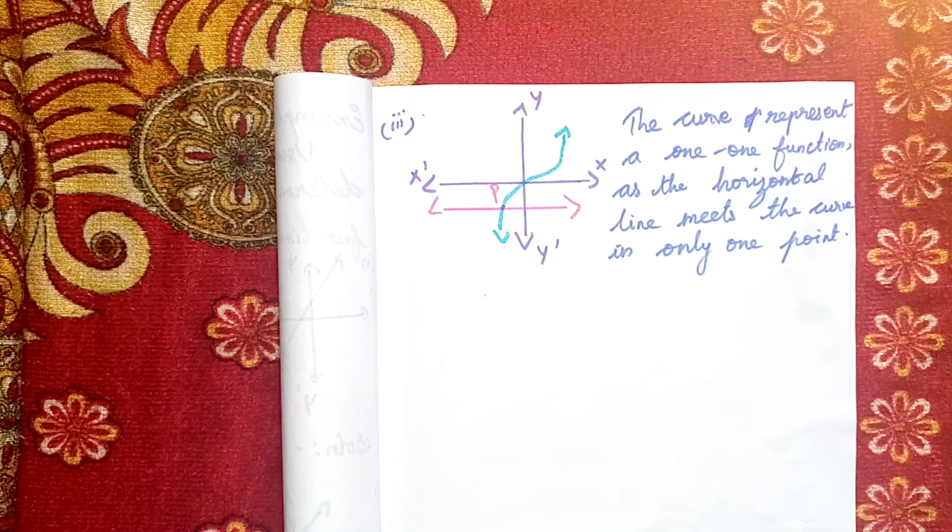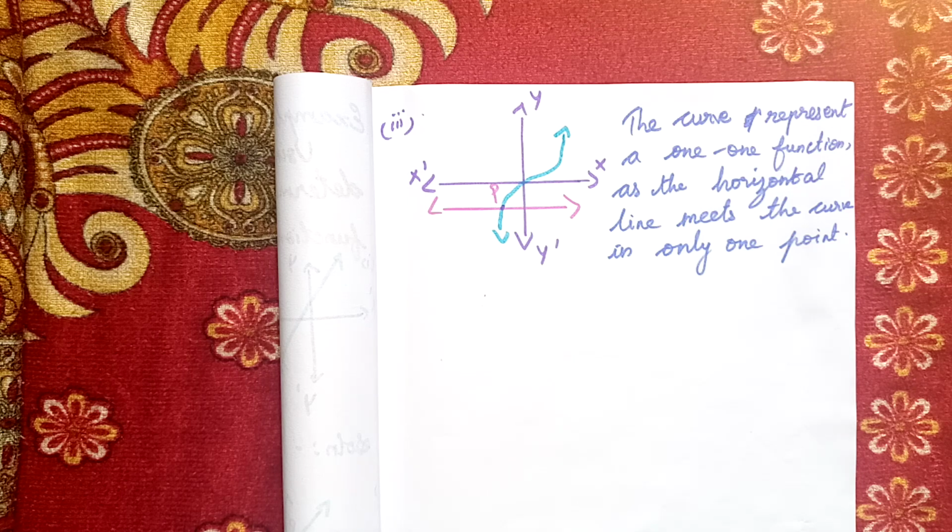Have you all understood, students? Any doubt here? Okay, have you all understood today's portion? Types of function. One-one function: what is a one-one function? Distinct elements in A have distinct images in B. Next, what is a many-one function?